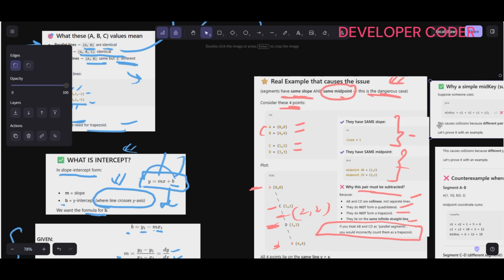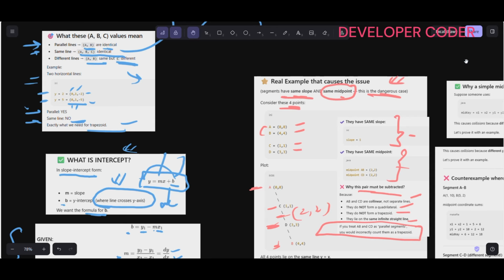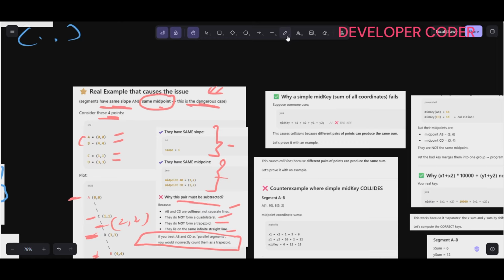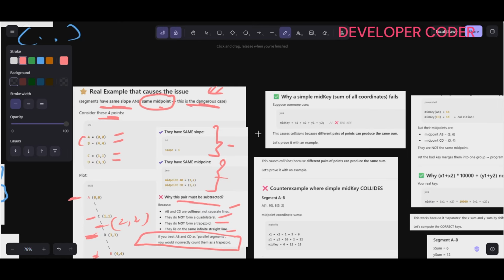Okay, so let me show you a few more things here. I'm going to store the mid key. Instead of normally writing the mid key, I will just generate one hash key here. If I generate the hash key like this, x1 plus x2 plus y1 plus y2, this is going to cause collisions because different pairs of points can produce the same sum.